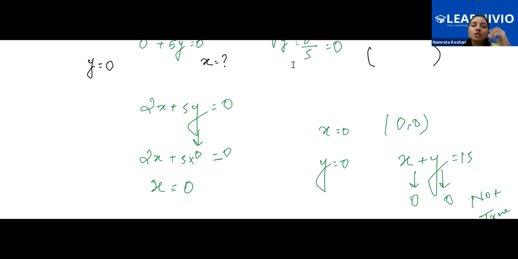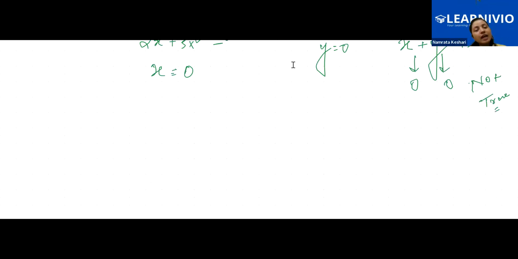In the instructions it was clearly written to find two different solutions. I can show that there are infinitely many solutions, and you just have to find two different ones. So one solution is 0, 0.